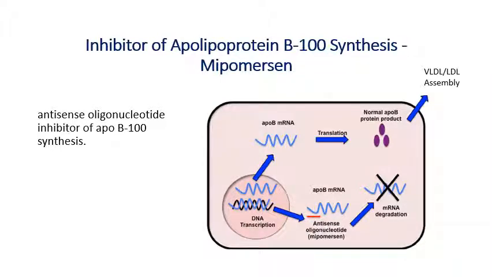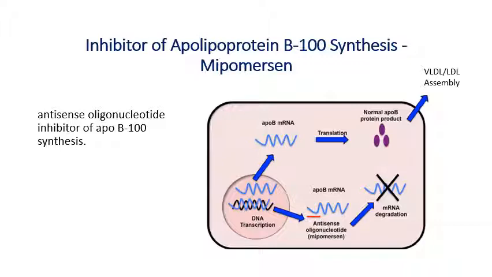The next group of drugs is an inhibitor of apolipoprotein B100 synthesis called Mipomersen. It is basically an antisense oligonucleotide. Normally ApoB is an apolipoprotein which is a structural protein of VLDL and LDL. So ApoB is essential in the VLDL and LDL formation.